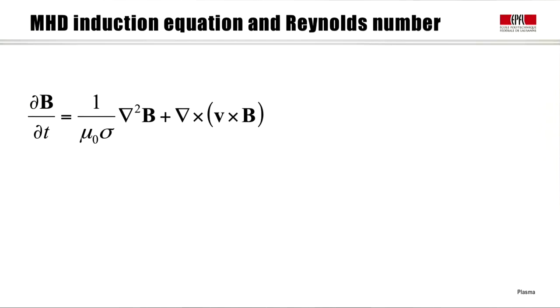So far, we have seen that the plasma in the Sun is characterized by the presence of magnetic fields and plasma flows. How can we describe it? The key equation to describe the dynamics of magnetic fields in a plasma is the induction equation of magnetohydrodynamics, which is shown here.